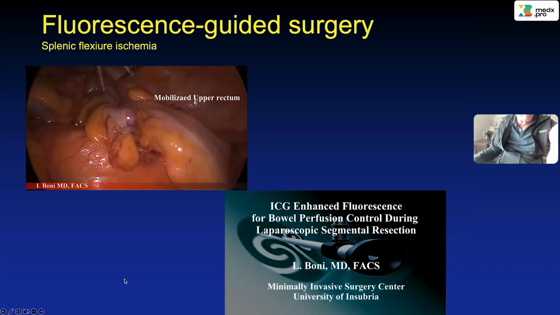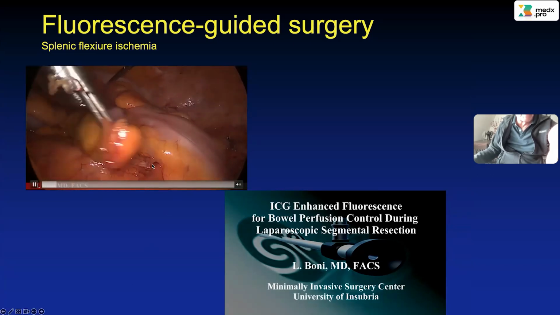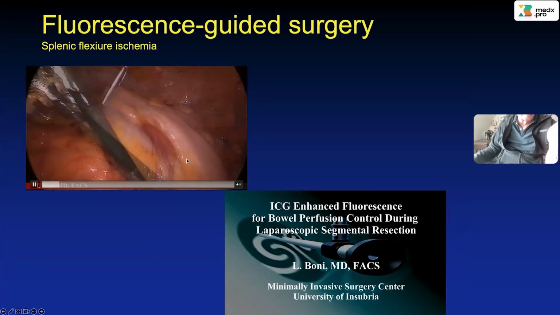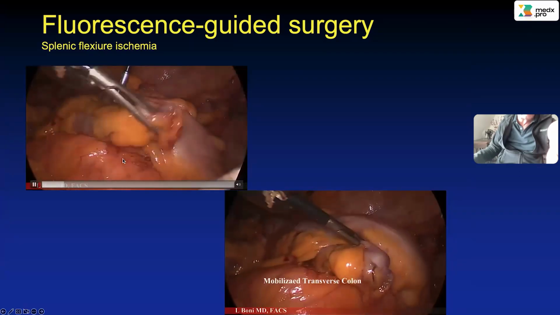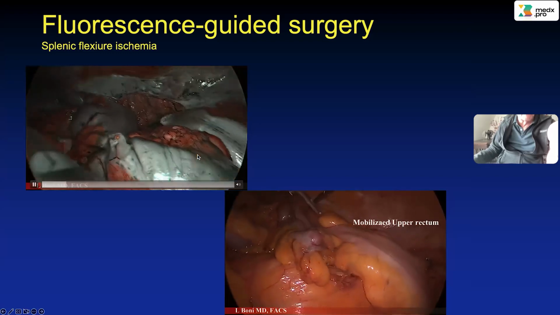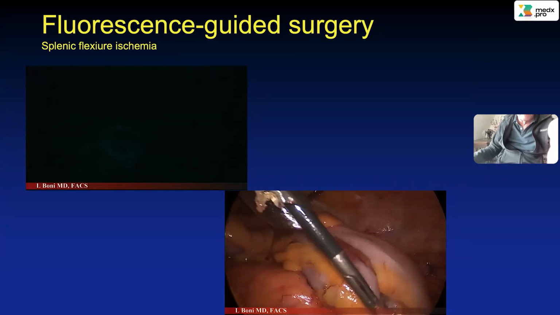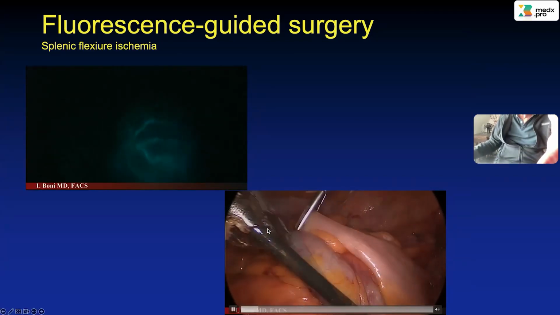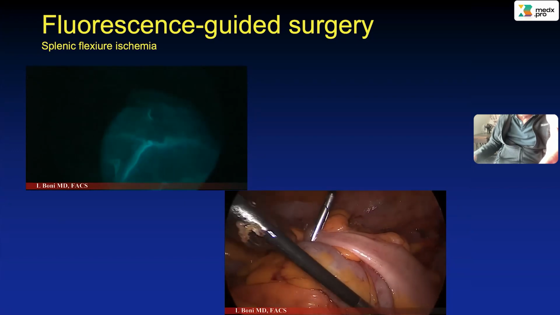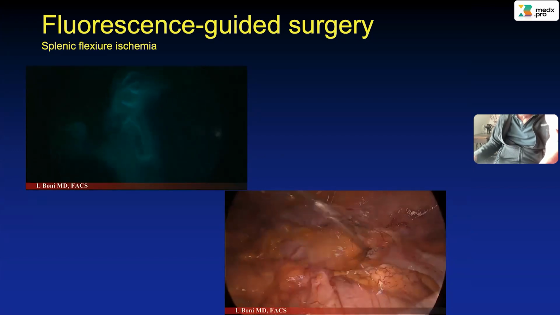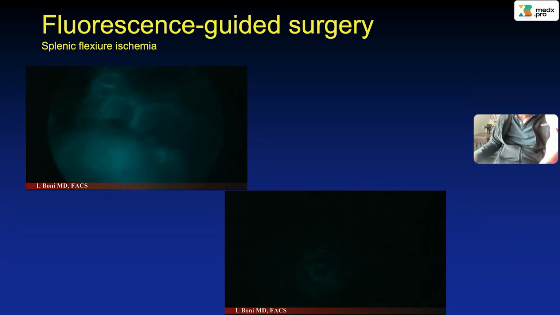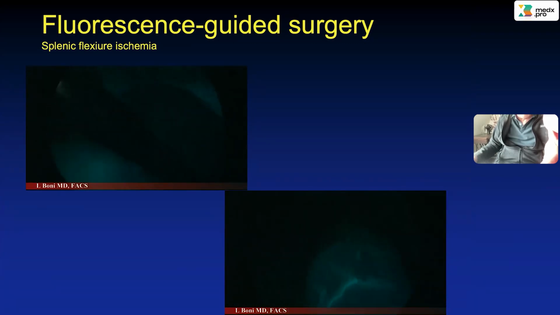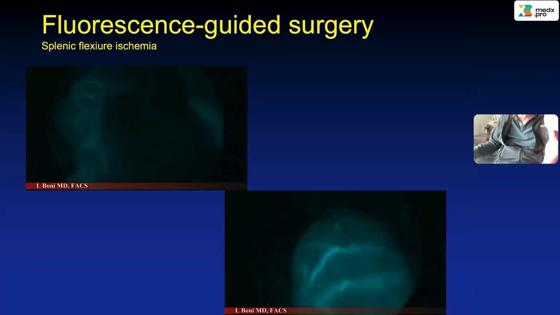But here you have an example of the mobilized colon for the splenic flexure. And here you have an example of an ilio transverse anastomosis, making sure that the vascularization is adequate before you do the anastomosis.